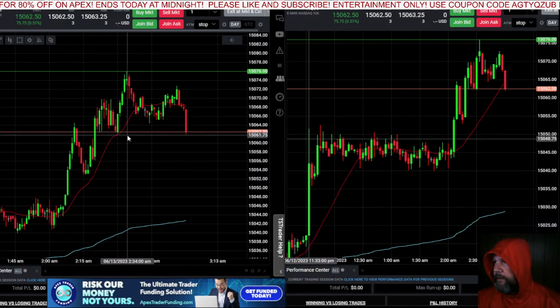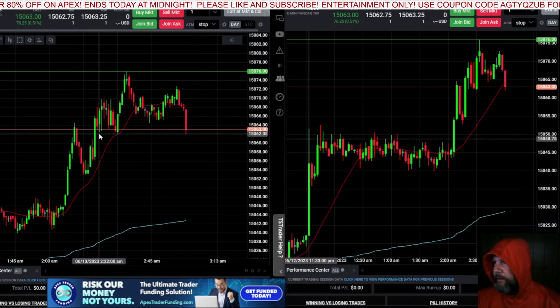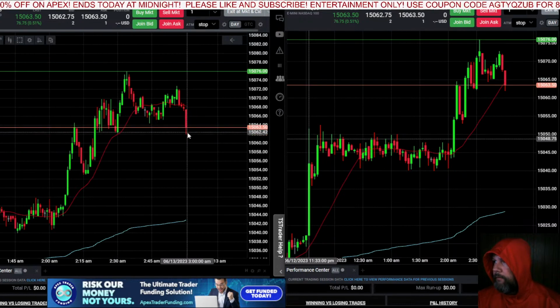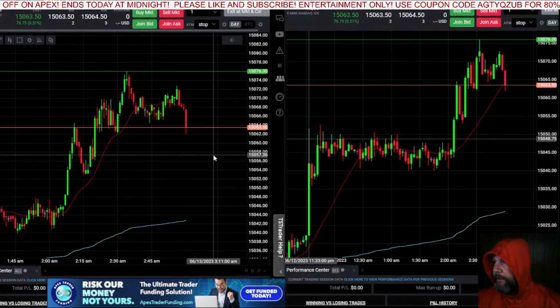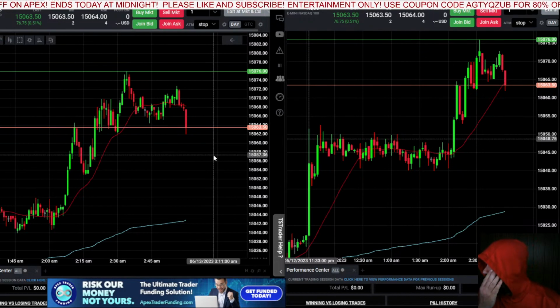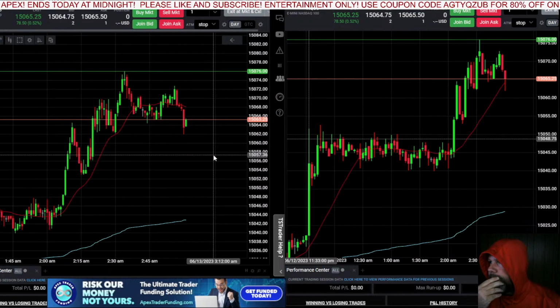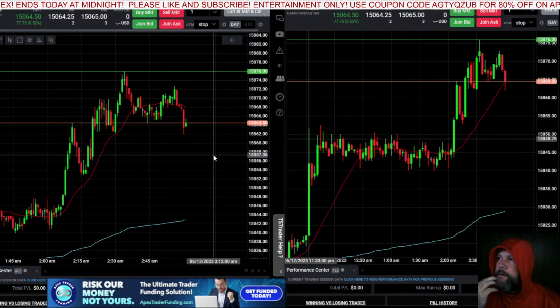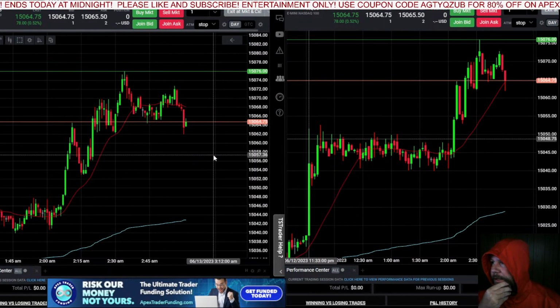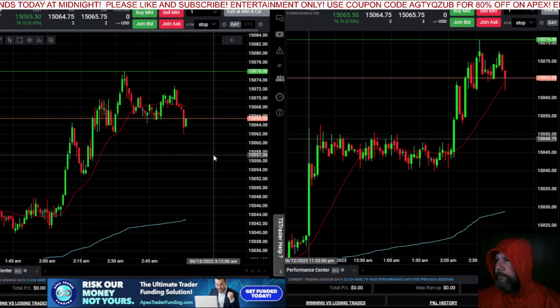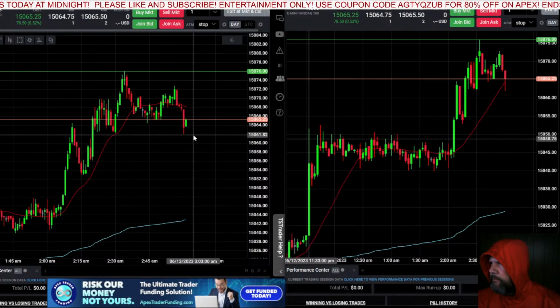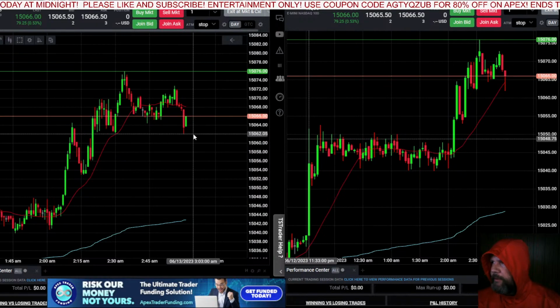I mean, we could consider this liquidity here as well for a potential shift back to the upside. We'll just see what happens here. Didn't take the liquidity there yet. Kind of created relatively equal lows. It doesn't look like it swept it.